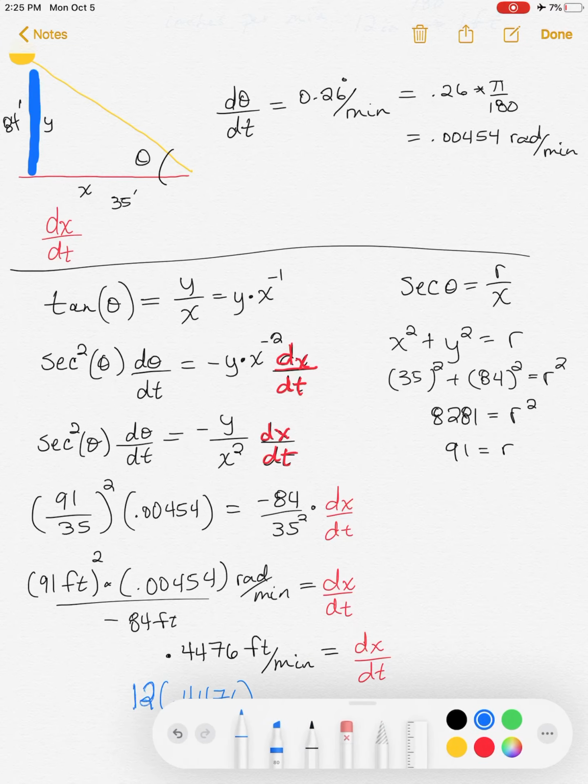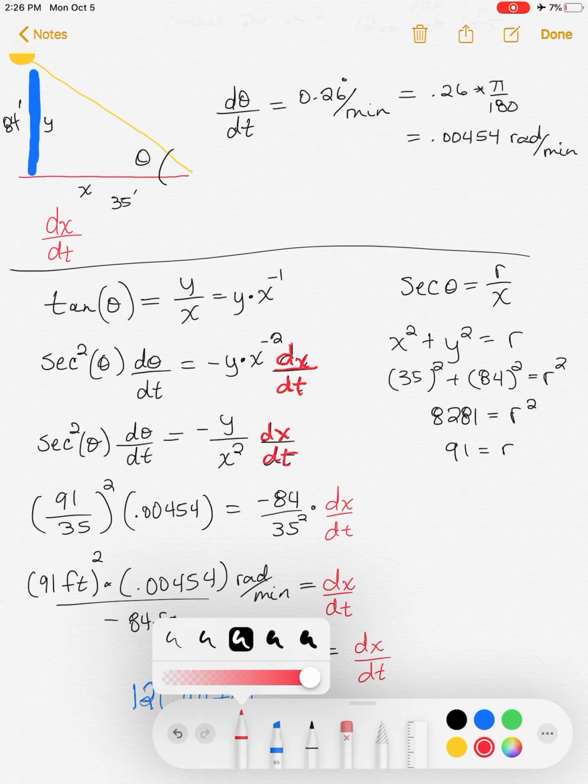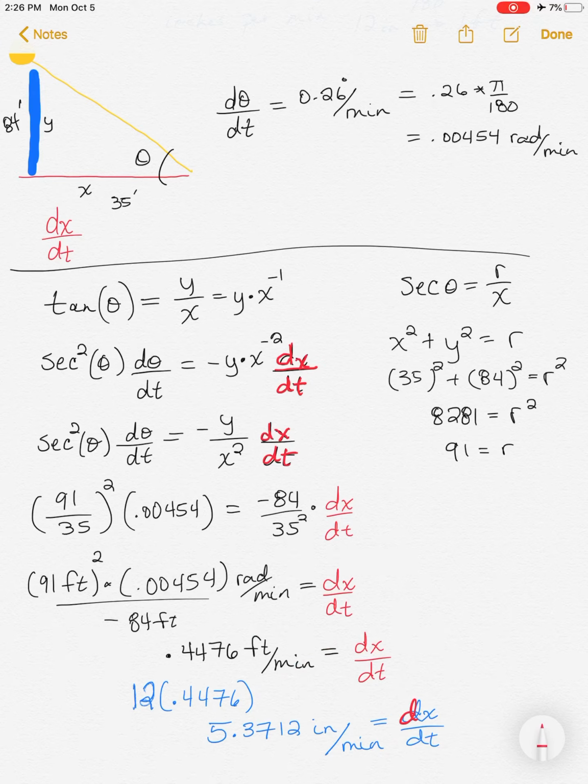Notice that those details are very, very important. And we have calculated dx dt.